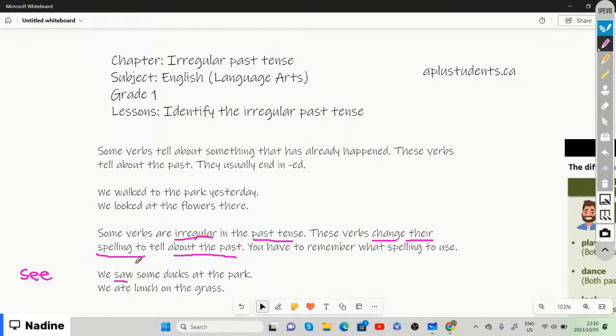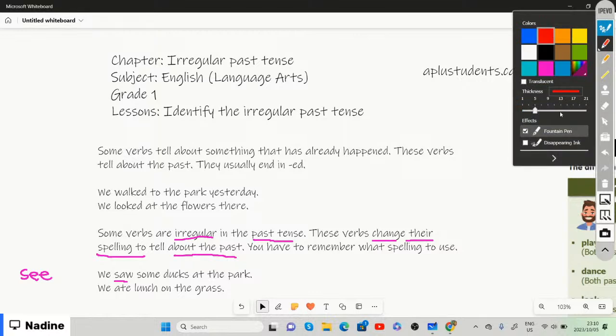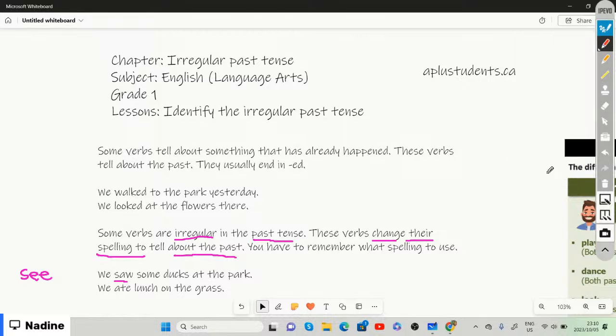So as you can see how the word has changed. We did not just add an -ed or anything. The spelling of the word changes, because see changed to saw.